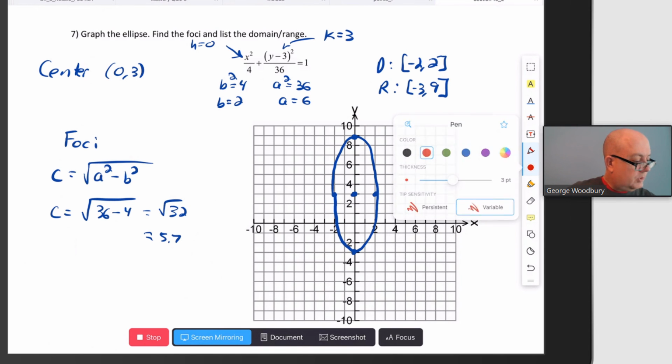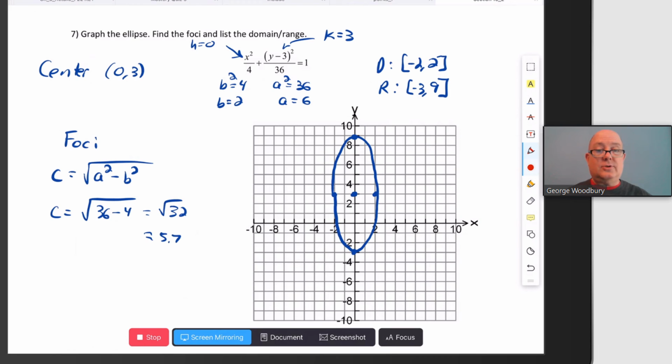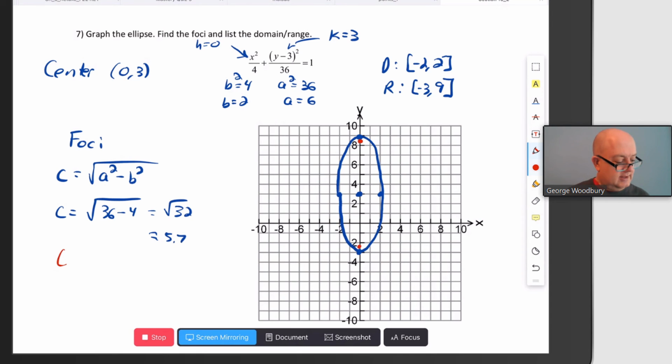So from the center, we're going to move up 5.7 and down 5.7. The approximate locations of the foci are both at x equals 0, with y at 3 plus 5.7 and 3 minus 5.7. That's 0, 8.7, and 0, -2.7.